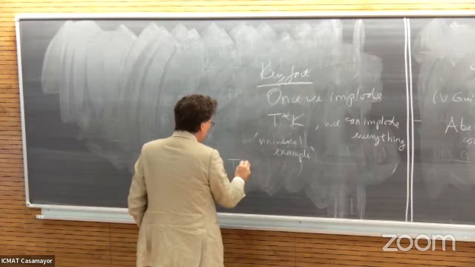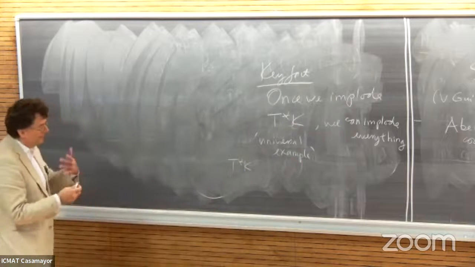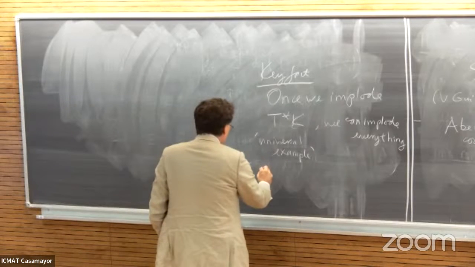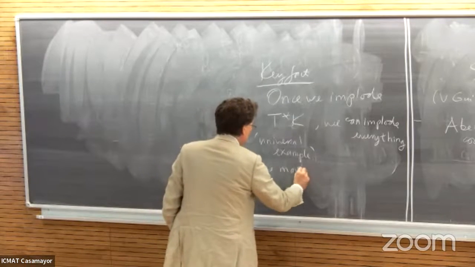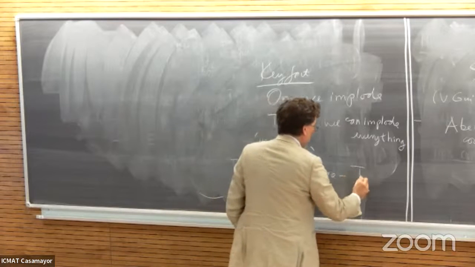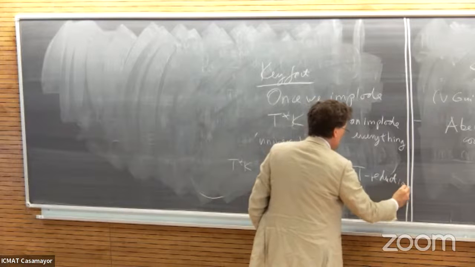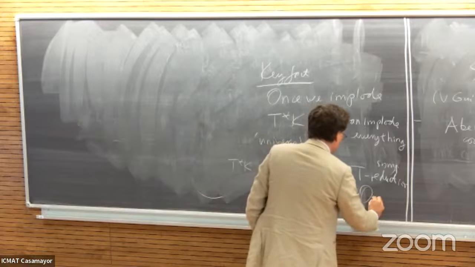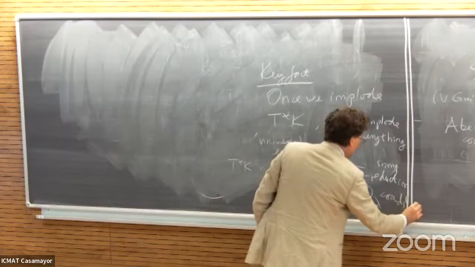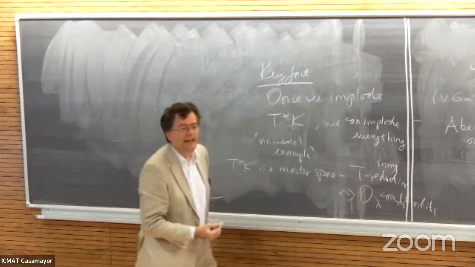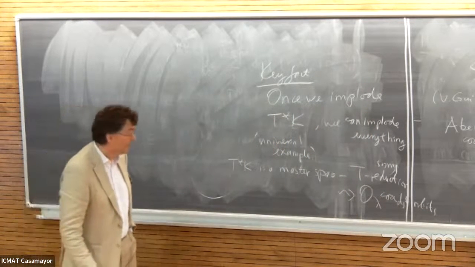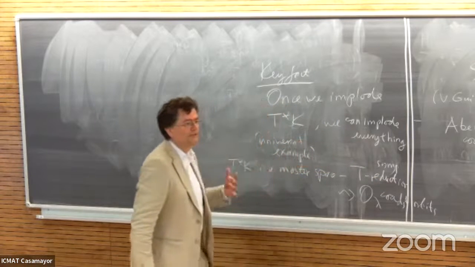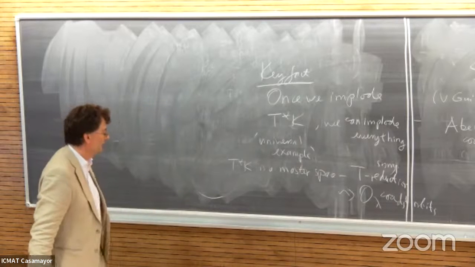T star K, one of the ways of thinking about implosion, and the way which I think generalizes best to the hyperkahler case, is as a master space, in that symplectic reduction by the Abelian group at the various levels gives the co-adjoint orbits for K, which are the homogeneous symplectic spaces for K. So that's the way of thinking about the implosion which I think generalizes most naturally to the hyperkahler space.